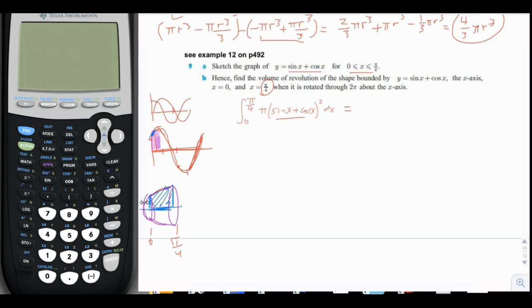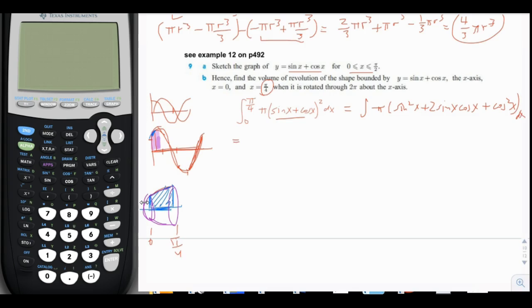So we're going to have pi times sine squared x plus 2 sine x cosine x plus cosine squared x. Okay, and that is the same. We're about to take the integral. We haven't taken it yet.